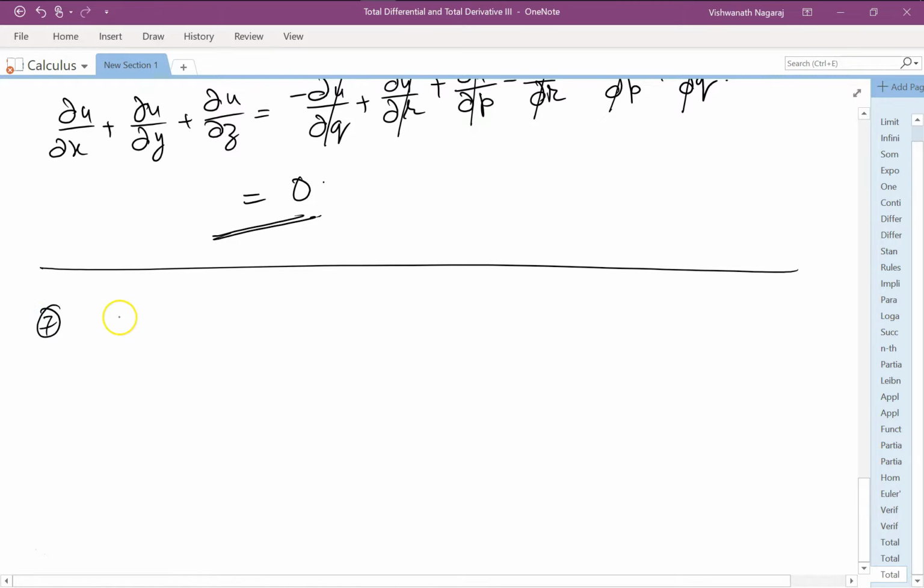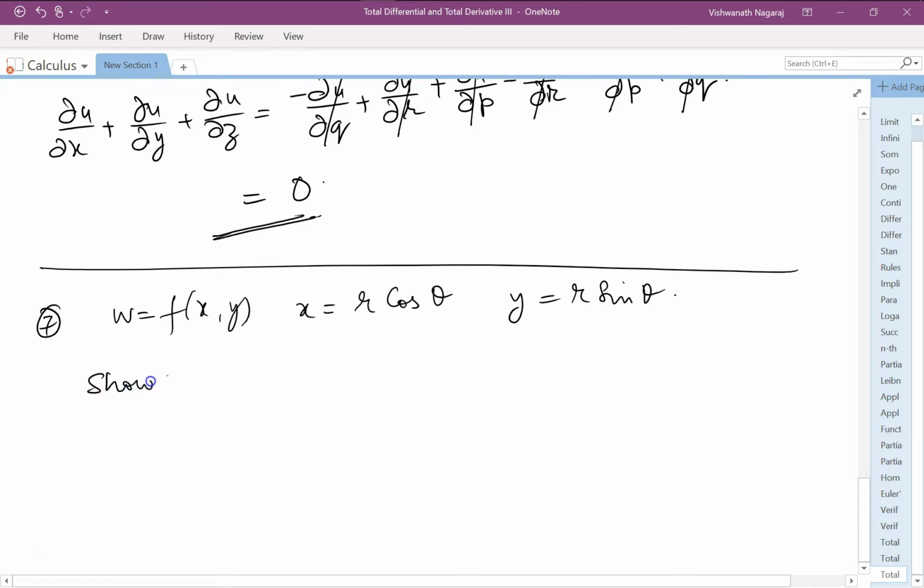7th. Let's say w is equal to f of x comma y, and x is a function of r and theta, and y is a function of r and theta. So x is r cos theta, y is r sin theta.